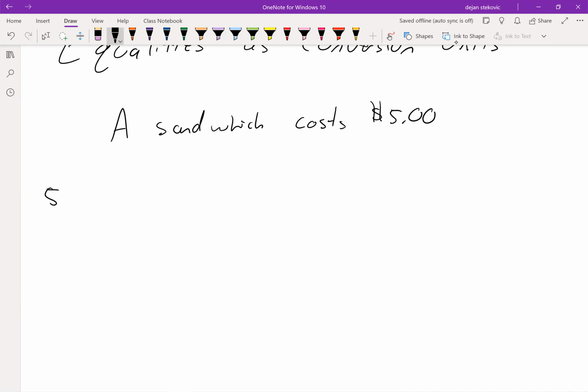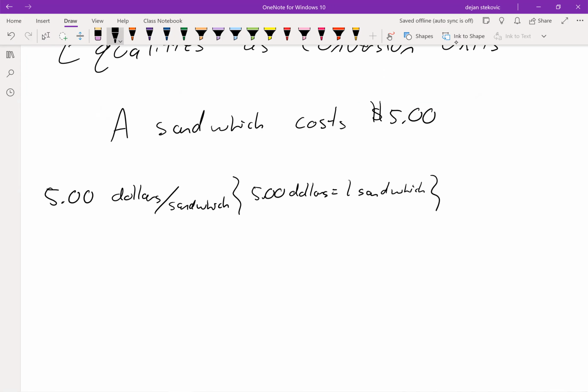So what we could say is $5.00 per sandwich. We could say that $5 equals one sandwich. Or we could say that you can get one sandwich per $5.